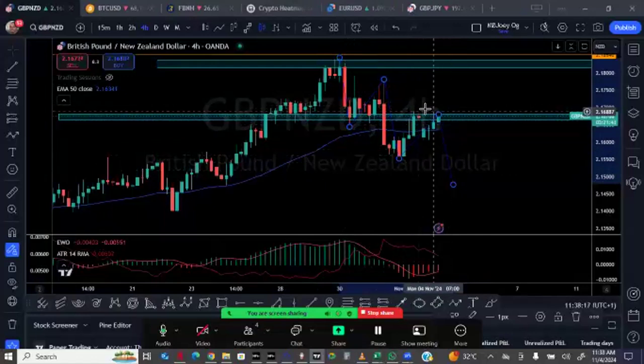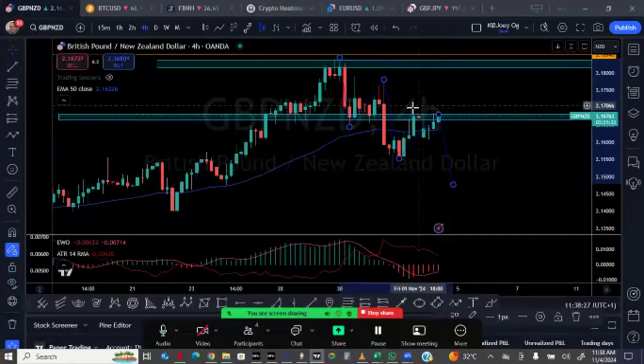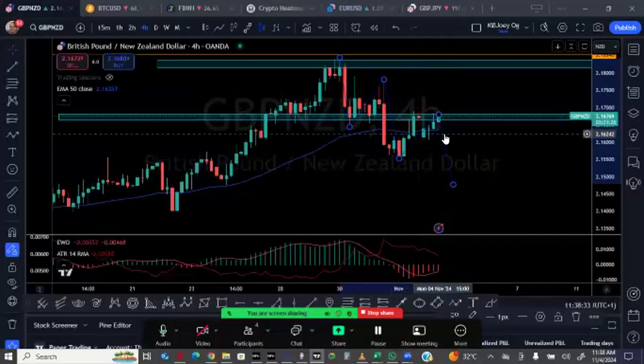There's no decision whatsoever at this point until I see, one, there are wicks around here, like it created here. And then secondly, a variation of any of the three candles that we normally work with.